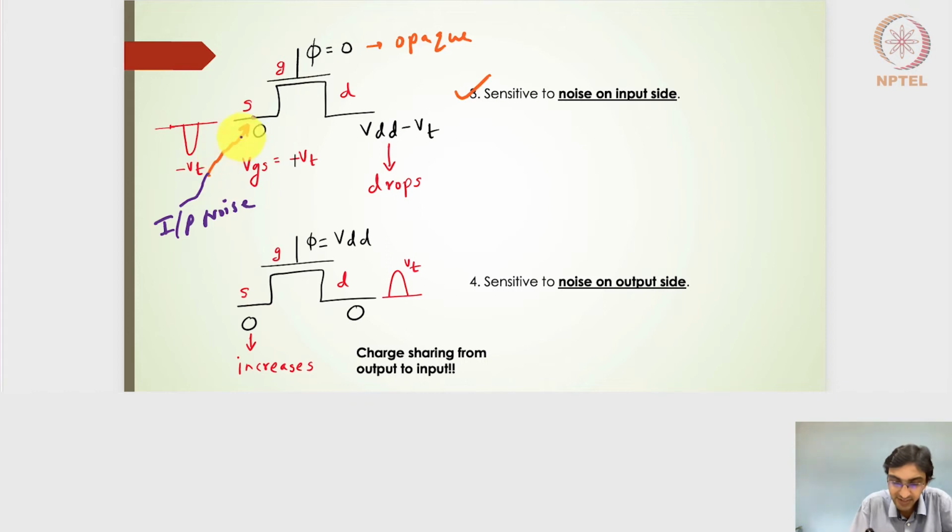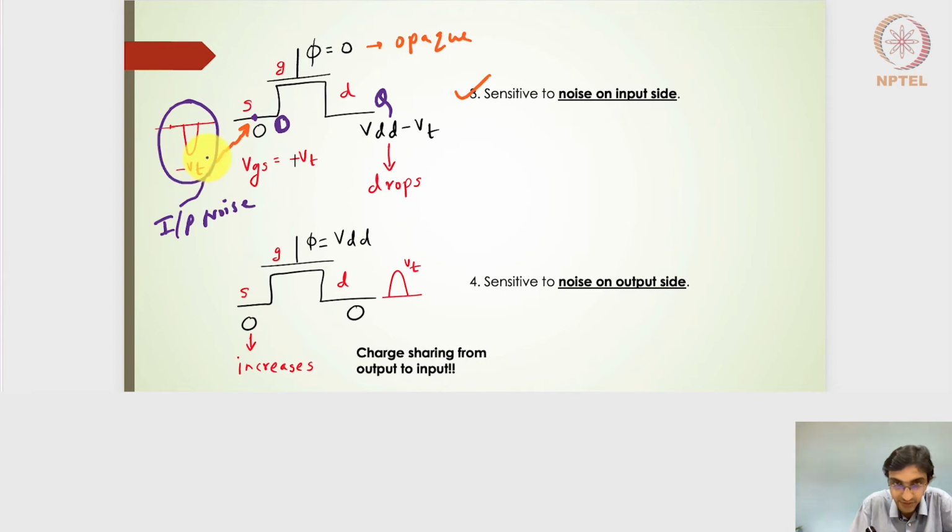In that case, I will have some kind of coupling effect. The coupling effect is going to have a minus Vt voltage, a signal that will be coupled at the input of this latch, and let's say this is the output. So the noise coupling at the input here, D, right?